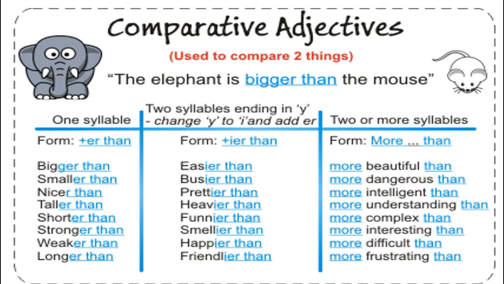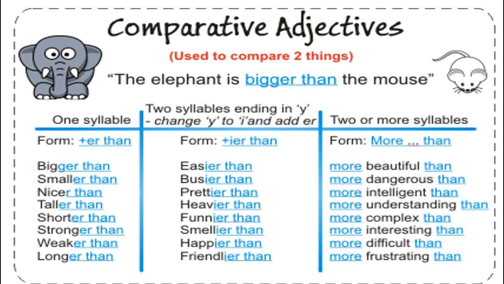With two syllables ending in y, change y to i and add er. For example, easier than, busier than, funnier than, smellier than, happier than, friendlier than.